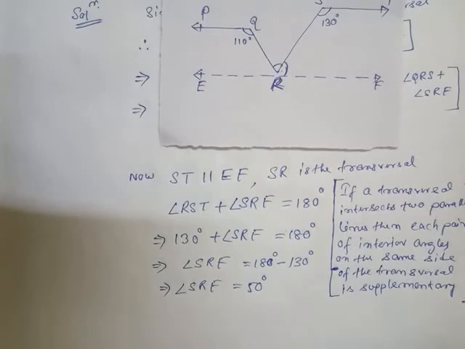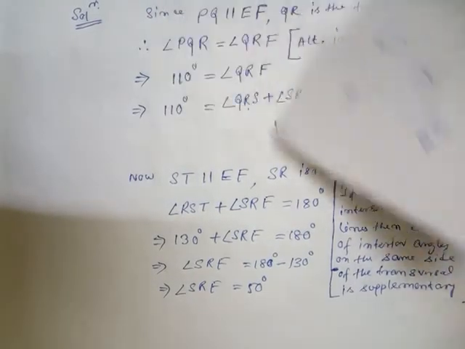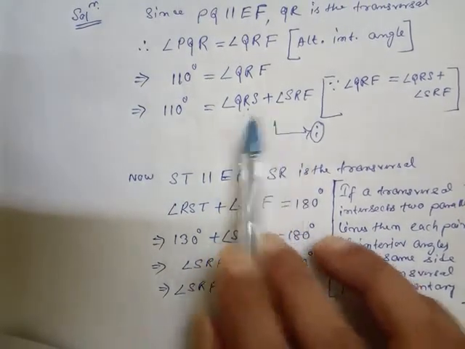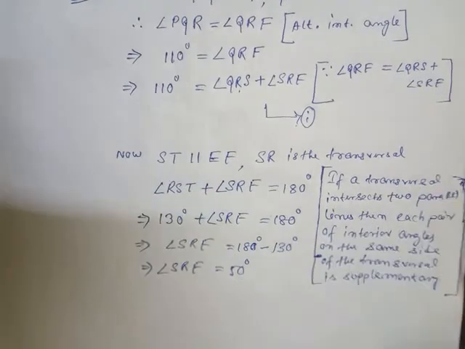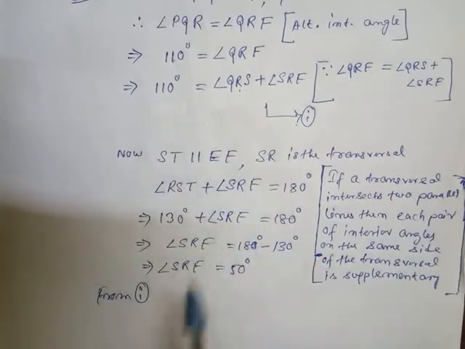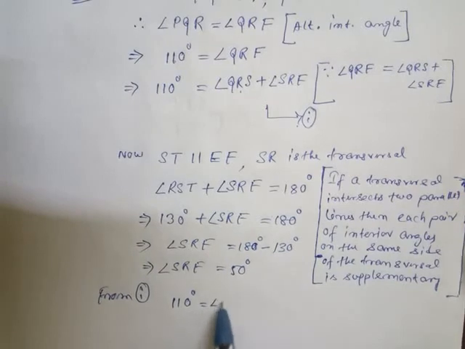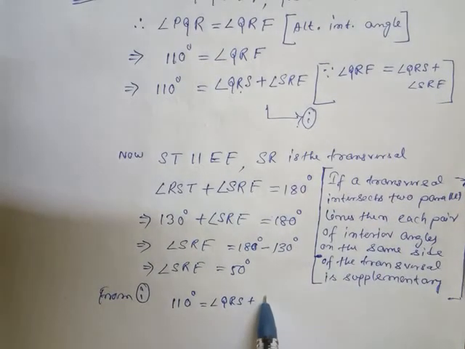Now look student, SRF we have already got. If I directly use that SRF in equation number 1, we'll get QRS very easily. The last line will be like this, from 1: 110 degree equals angle QRS plus SRF. What is the value of SRF here?